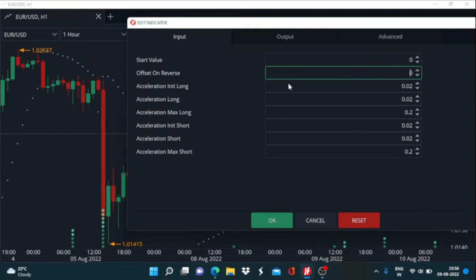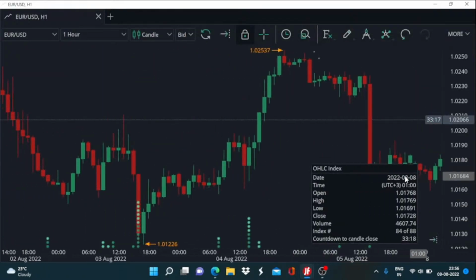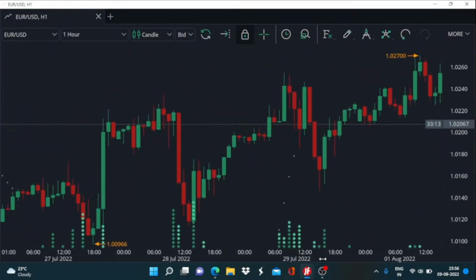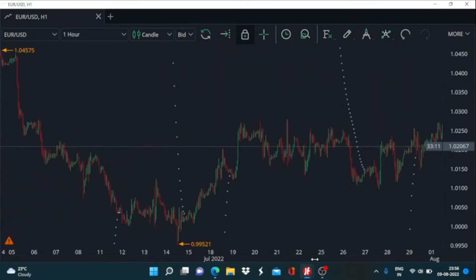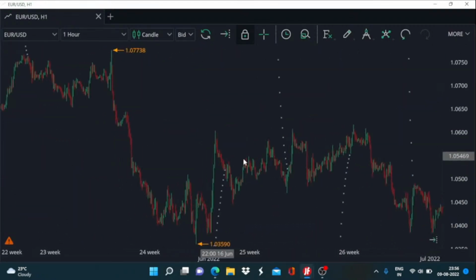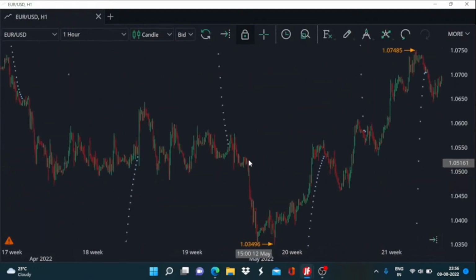Let us now consider the offset on reverse. Offset on reverse, let's try out the value of 50. Now as I changed it to 5, we are seeing that it is showing higher lag, and this plotting of the parabolic SAR extended is looking rather interesting.